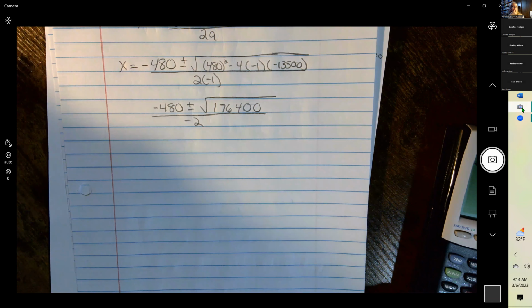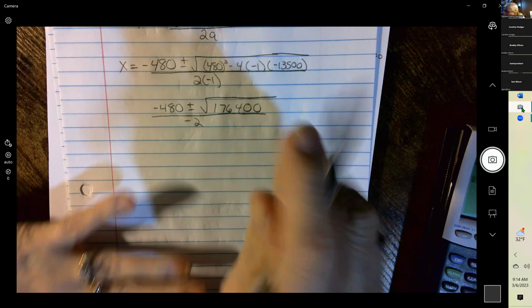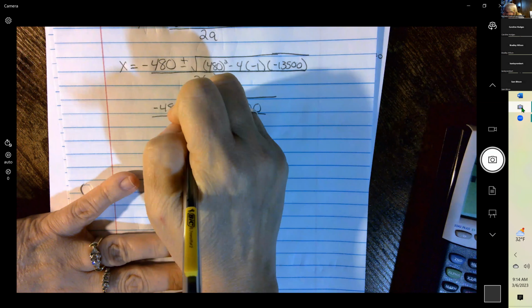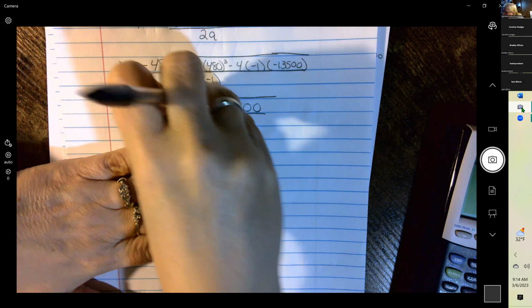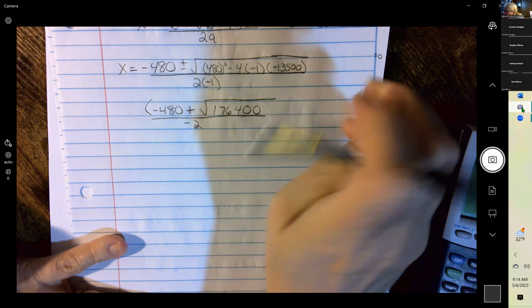Any questions on that part? So I just calculated under the square root. Then you could take the plus, and find that value.